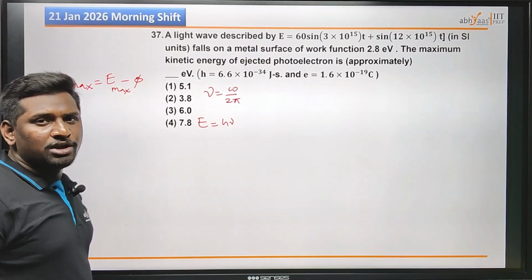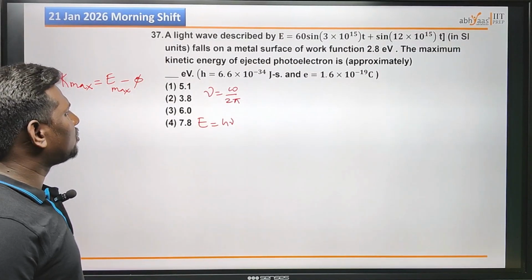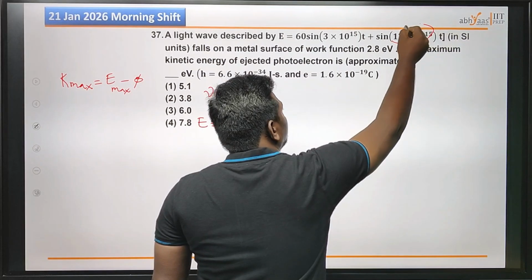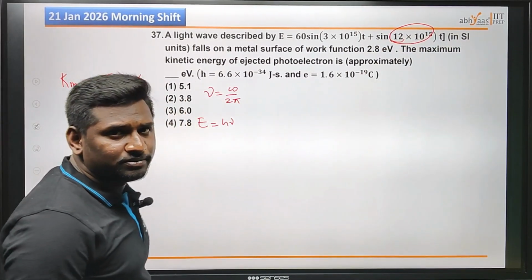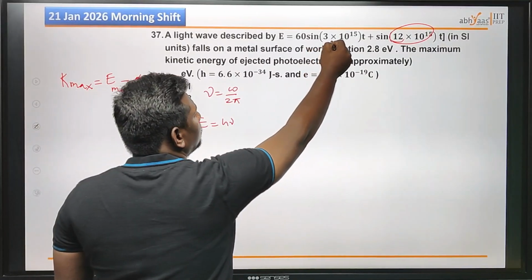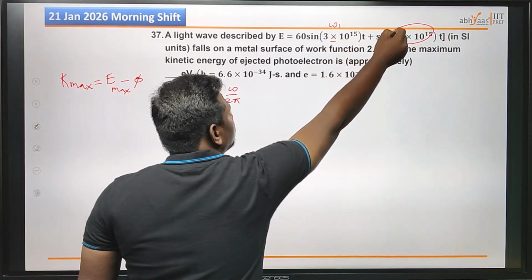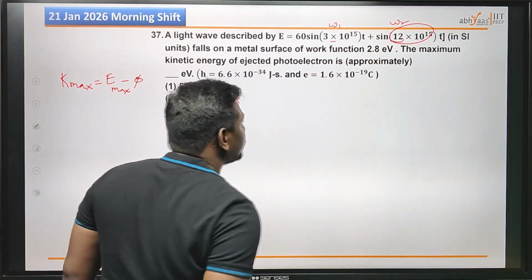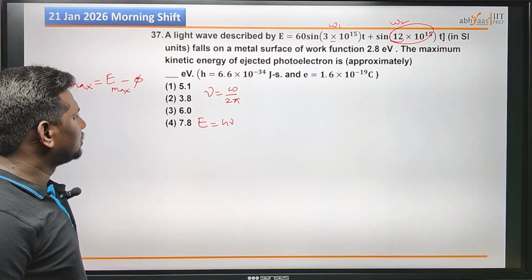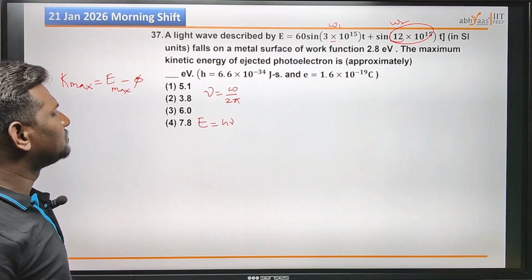What is omega? Which omega you have to take? You have to take the larger omega, greater omega, as compared to this one. Take it as omega 1, this is omega 2. We have to take omega 2. So why take omega 2?